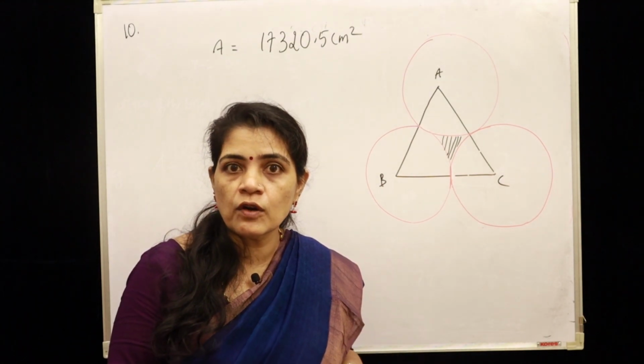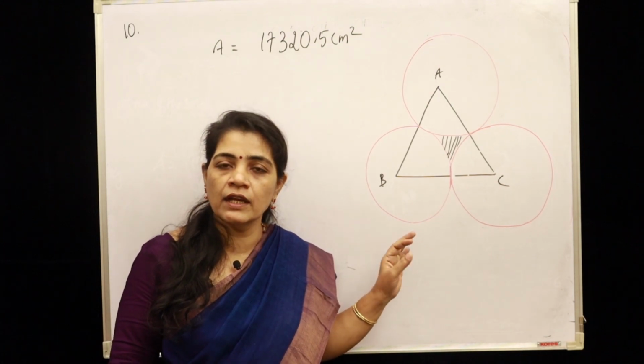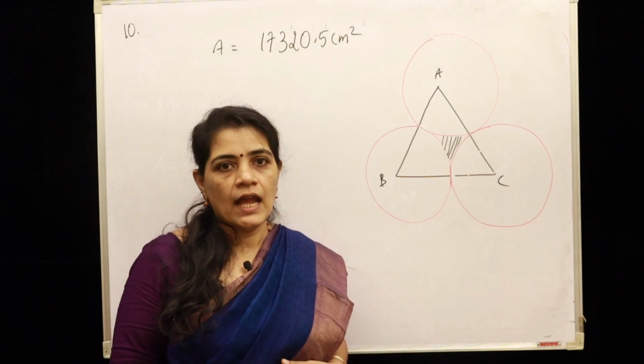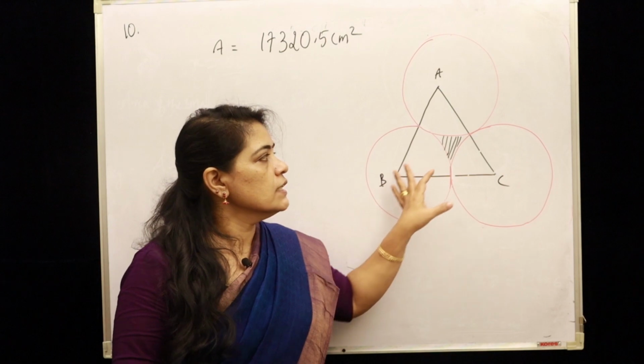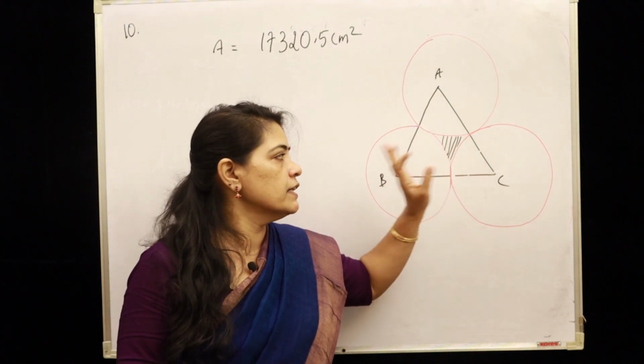So the radius is not given and the side is also not given in the question, and we have to find the area of this shaded region.